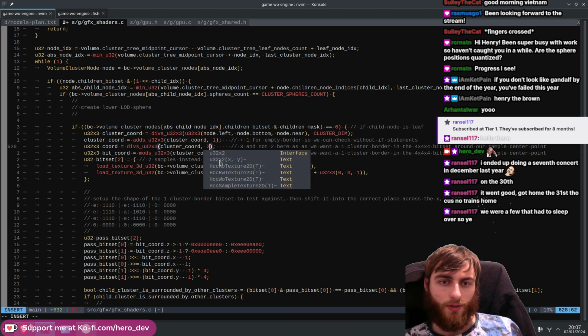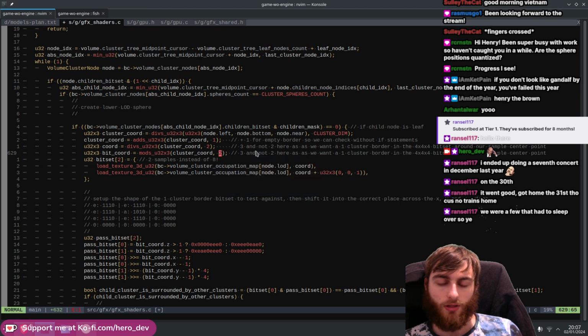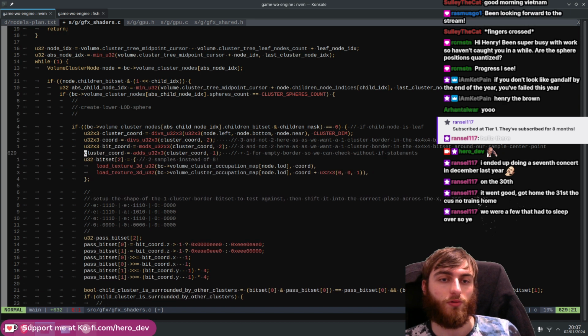So you still mod it by 2 and divide by 2. That way it addresses correctly. But you add the 1 after. But what are we adding the... we just add it to the bit coord, I think.